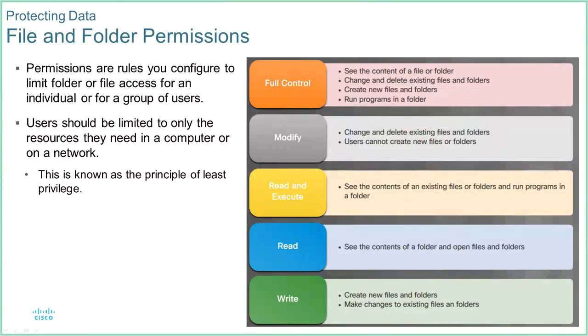Subfolders or files tend to inherit the rights of the folder above them. These permissions are given to users or groups, and it enables you to have access control over your data.